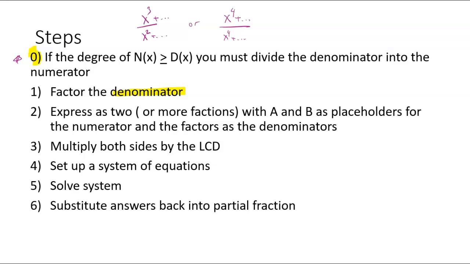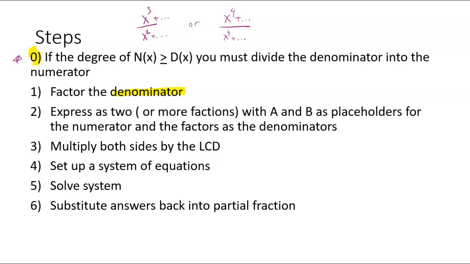We'll just call them A and B. You can use whatever you want, but we want to avoid using the letter X as a placeholder since X is usually in our expression. Then we're going to get rid of our fractions by multiplying both sides by our LCD, which stands for the lowest common denominator. Then we'll set up our system and solve our system. We'll substitute our answers back into our partial fractions.